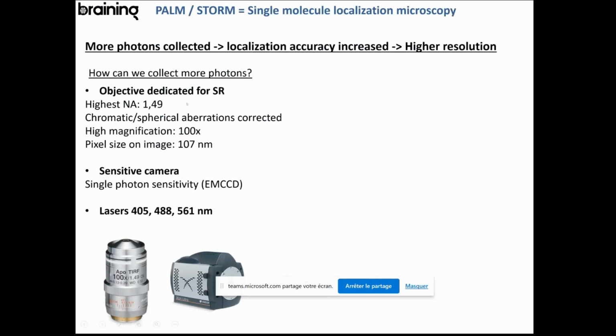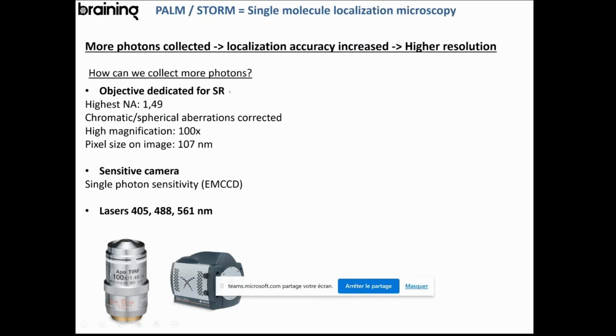These objectives are very peculiar because they are corrected for aberration. So you have no aberration in the light, so you can collect a maximum of light. So they are super expensive, and they are really dedicated for this experiment.